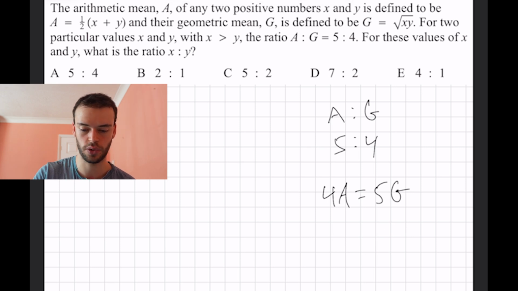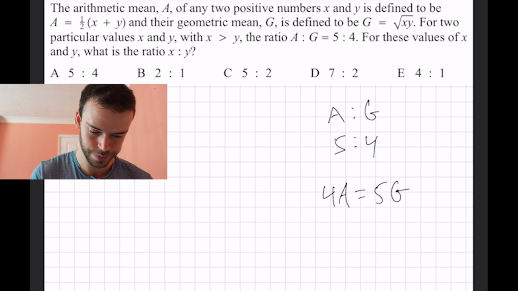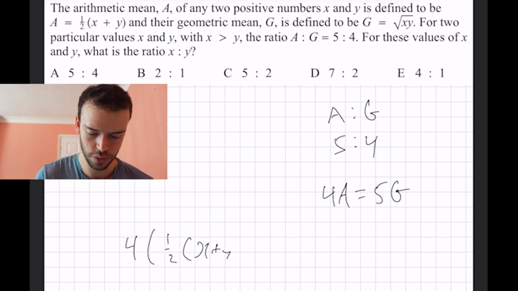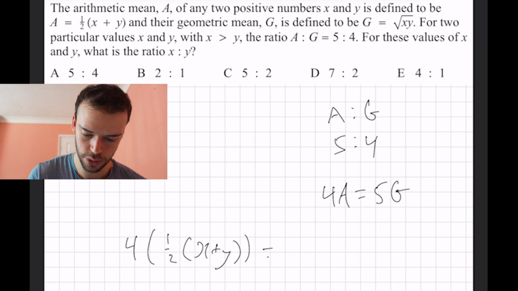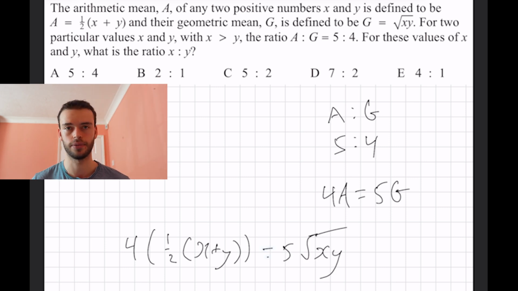So we formed this equation, and now we can substitute in what A equals and what g equals. Cool, so let's find that equation. So we're going to get 4 lots of a half x plus y equals 5 lots of root xy. Okay, cool.